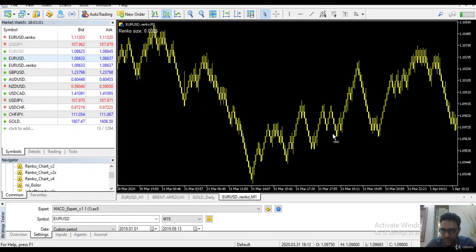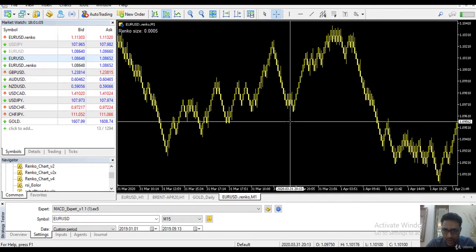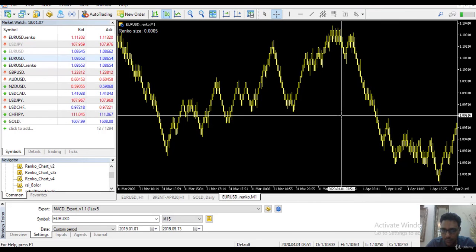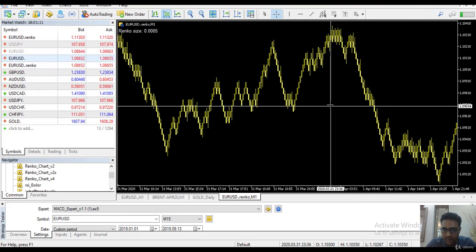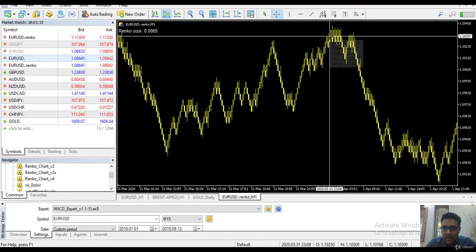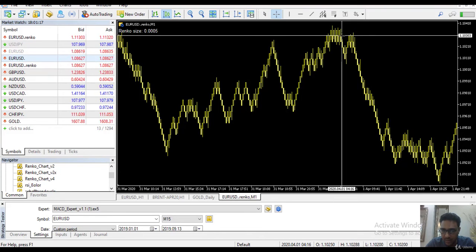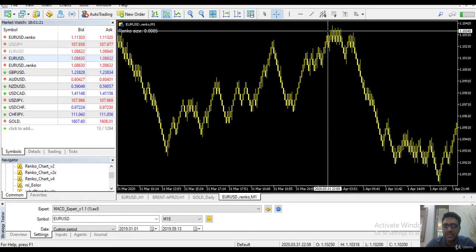So this is the 31st of March around 11, and we can see from roughly this one, now you can see there are a few breaks over here till the 1st of April, right? So this is the area.